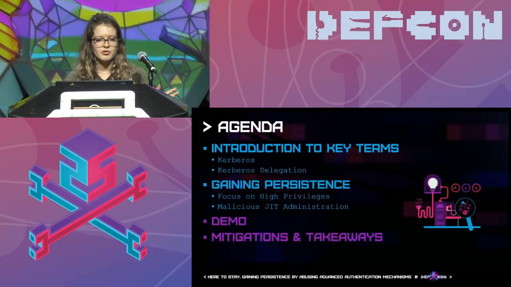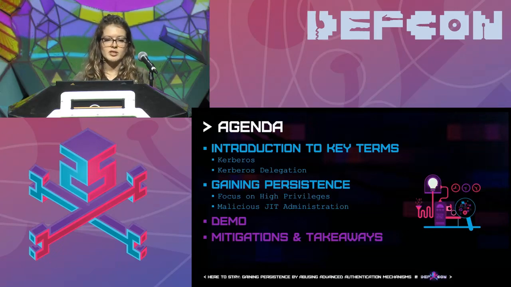So what's our agenda for today? We'll begin with an introduction to some key terms which are important to understand the attack scenarios we're going to show a bit later on. We'll begin with an intro to Kerberos and Kerberos delegation. Then we'll dive into our main subject of the talk, how attackers can gain persistence in an Active Directory environment.